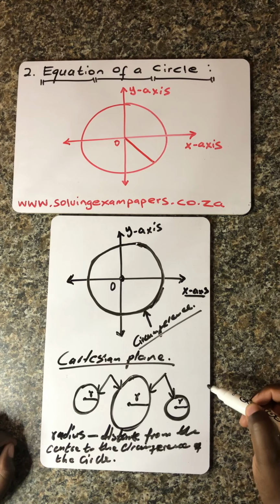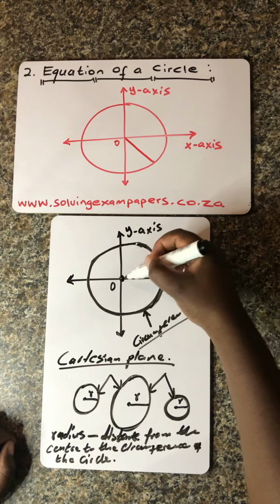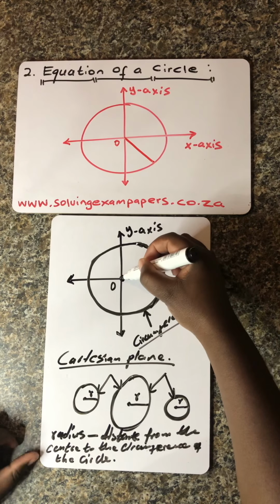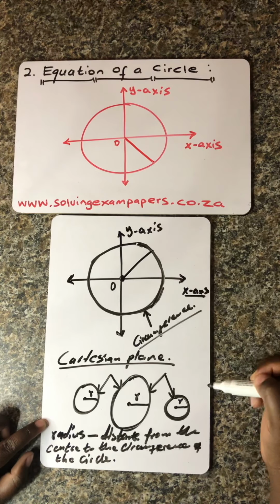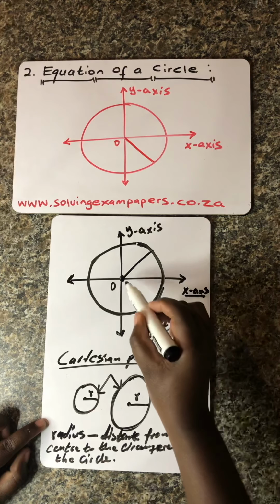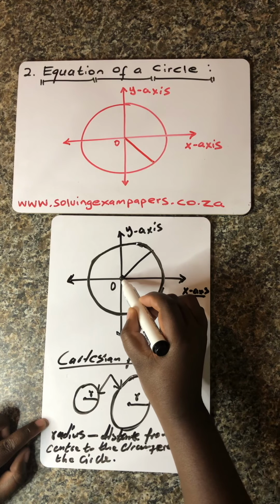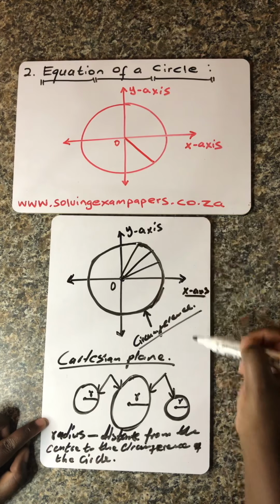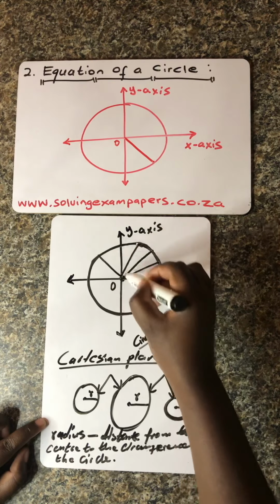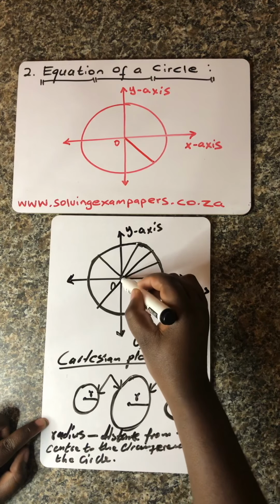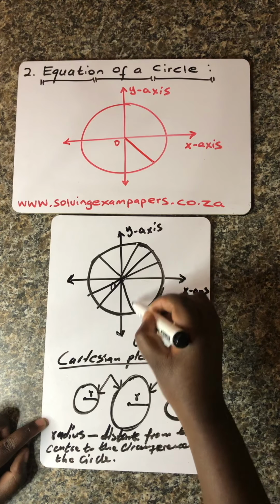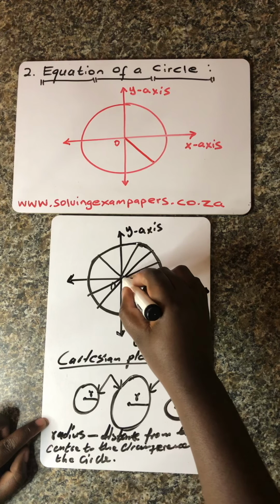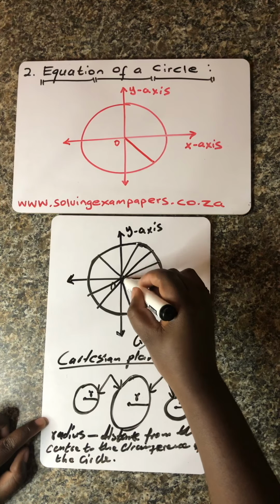Remember, ladies and gentlemen, the radius is the distance from the center to the circumference of the circle. Whichever direction doesn't really matter that much. For as long as you've got a line which is radiating from the center to the circumference, we call it the radius.